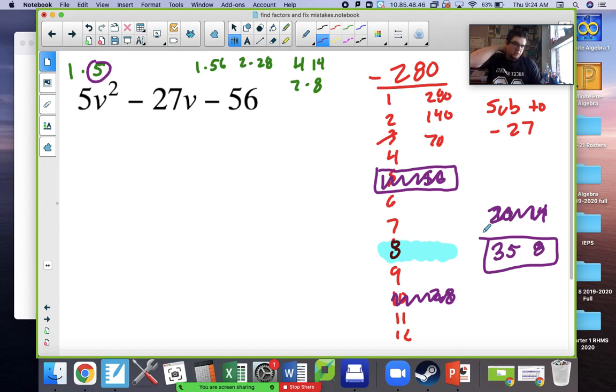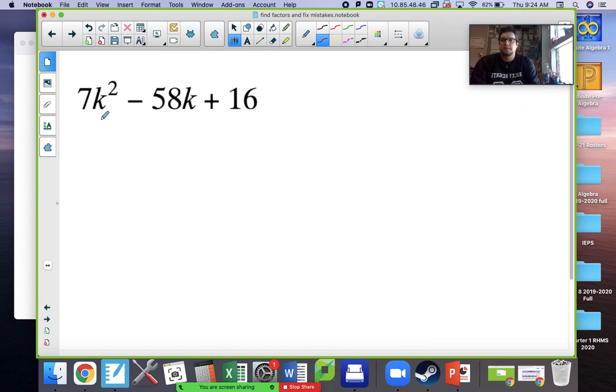So instead of having to try 8 different ones, we can get there quicker using this. If it's a little bit larger, let's say 7 times 16 gives us 112. We have 1 times 7. And then over here I have 1 and 16, I have 2 and 8, and I have 4 and 4.